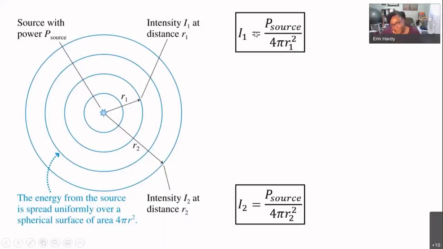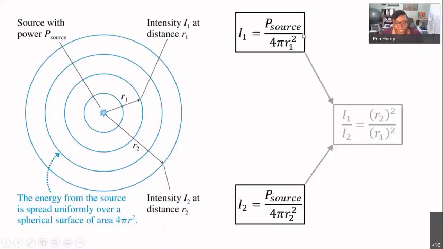If we write an expression for the intensity at both of these locations and then combine them, because P source is the same for each one, and of course 4 pi is going to be the same for each case, we get this relationship here, where the ratio of the intensity I1 over I2 is equal to the square of R2 divided by the square of R1.